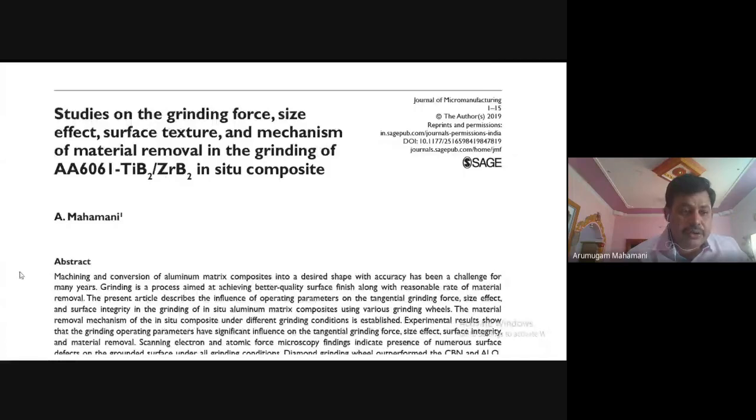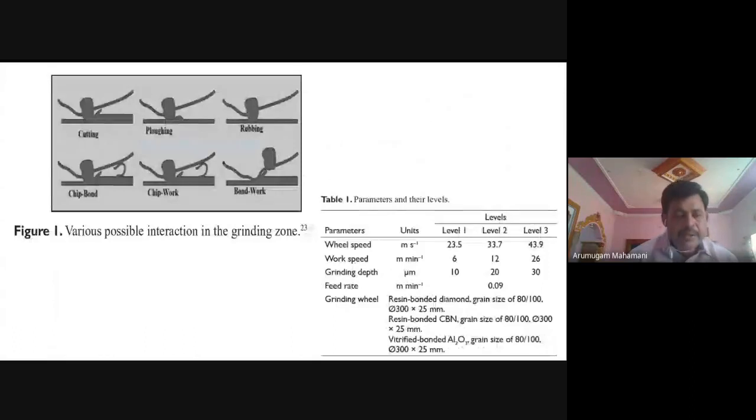Next I go to grinding studies. This paper, published in 2019 in Micro Manufacturing, covers studies on grinding force, size effect, surface structure, everything. If you go for grinding, various phases and possible interactions are available. Grinding is different: turning is single-point cutting, drilling is multi-point cutting, but grinding is entirely different, with many cutting edges. During cutting action there is ploughing, rubbing and cutting. Various contacts are possible: chip with bond, chip with workpiece, bond with workpiece.